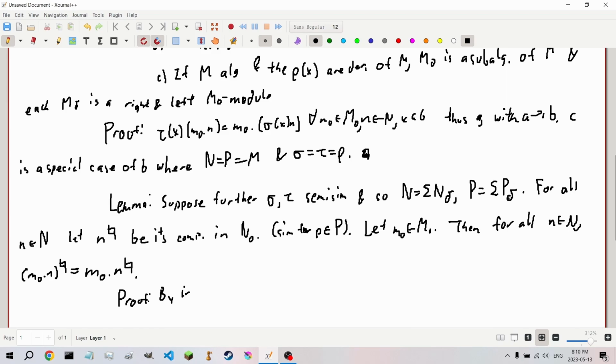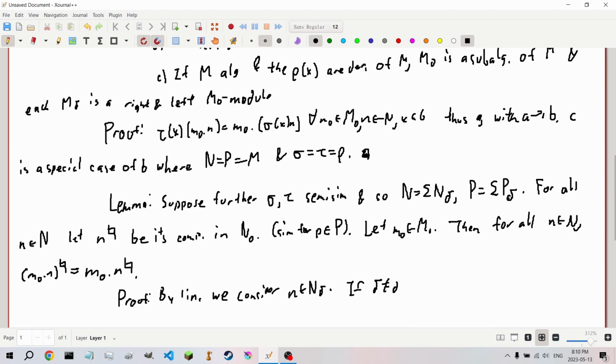By linearity, we consider only the case n is in N delta.